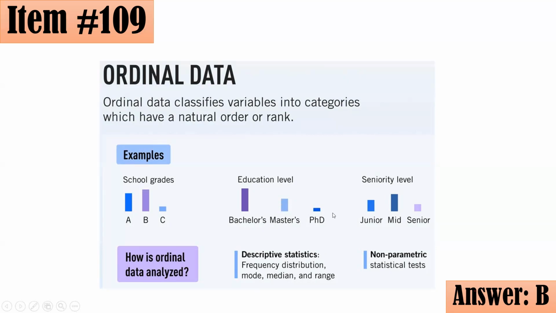Education level is also ordinal data. Why? It's assumed that master's degree holders have attended more years of education than bachelors, perhaps, and PhD graduates more or less have attended more number of years, perhaps, than bachelors and masters. The same thing with seniority level. So that's why if ranking is involved, ordinal data. Letter B.